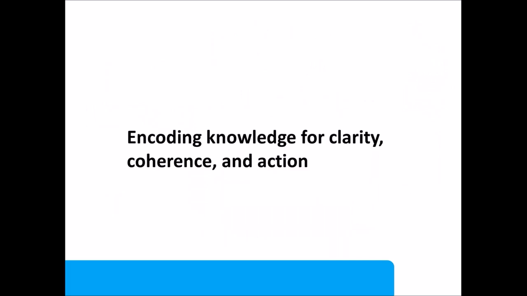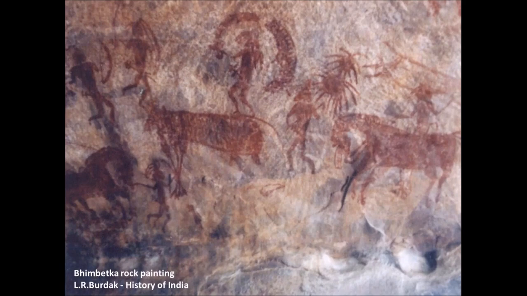Exactly. So in that context, we want to enable this data flow. This brings me to how we try to encode that knowledge so that it's encoded clearly, coherently, and it's actionable. You can do something with that knowledge once it's transformed. To make an analogy, we can think of how we started to encode information.